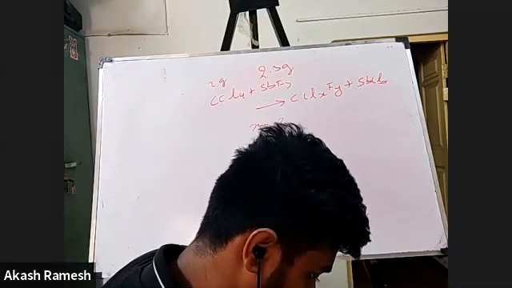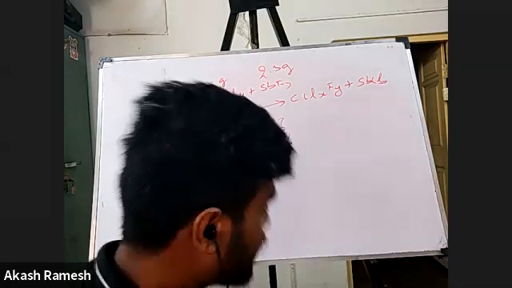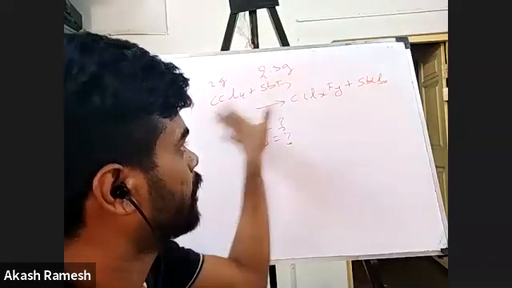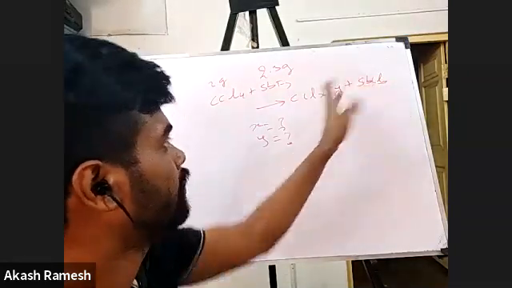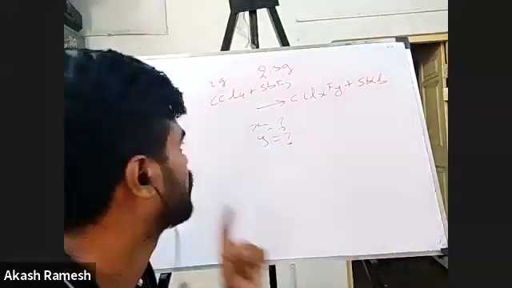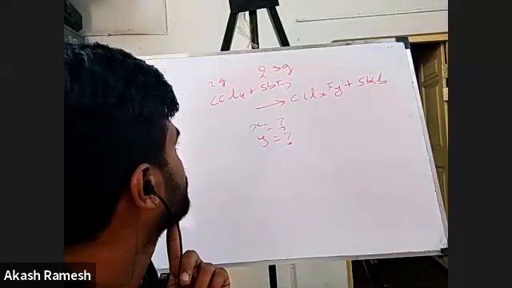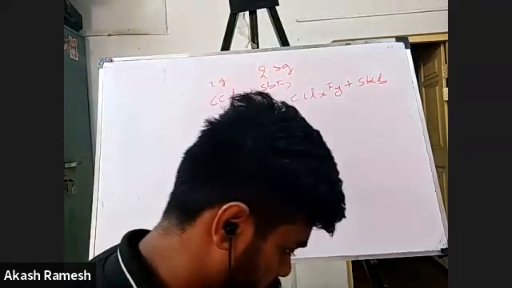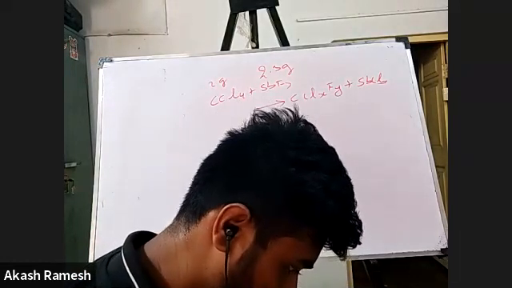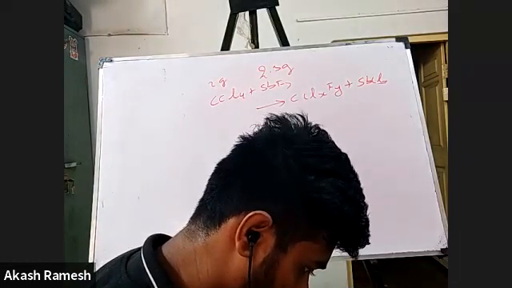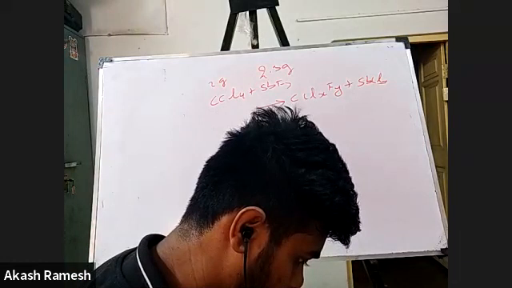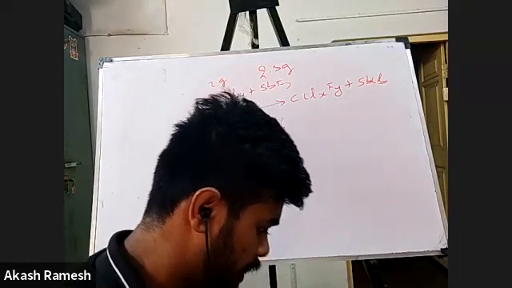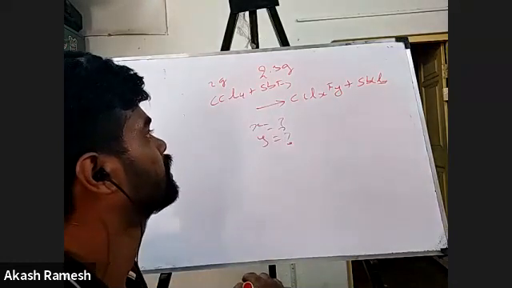Right. Okay. Now, first, we will try to balance this particular equation with respect to X and Y itself. Okay, fine. So, if you try to balance it, how do we balance it?